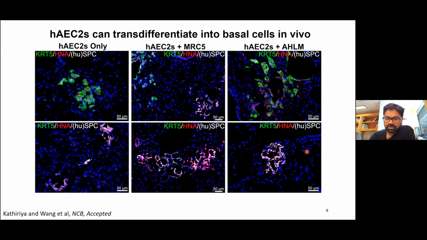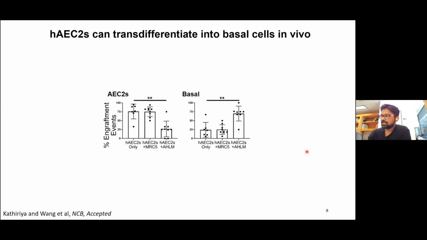However, when we quantified all of these regions, we found that in the groups of mice that received either just the type 2 cells or MRC5, 75% of all engrafted regions, all HNA positive epithelial marker regions, were type 2 cells, stained for SPC and not for K5. However, in the third group, the ones that received AHLM along with the type 2 cells, only about 5% of them retained their type 2-ness.